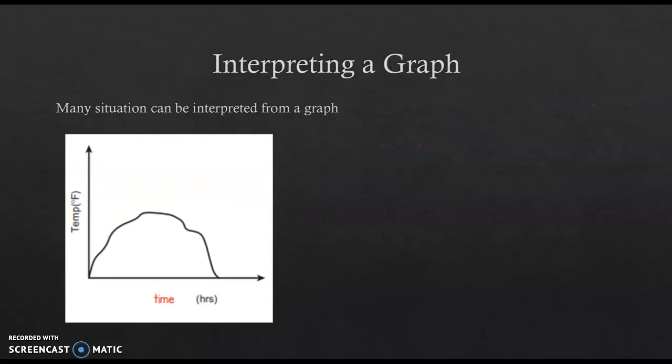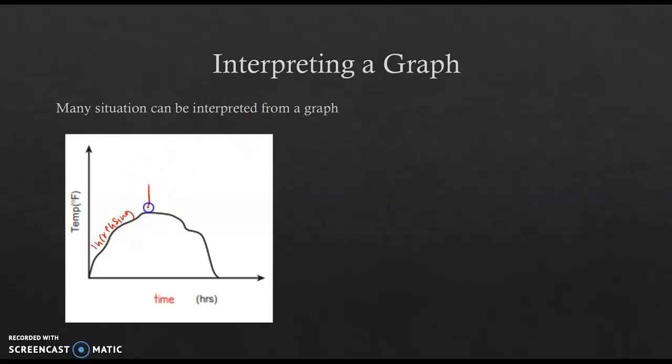All right, so interpreting a graph. Many situations can be interpreted from a graph. So here again, we have time in hours and our temperature. And depending on the time, over here, our temperature is increasing. Sometimes it's increasing faster than others, but it is always increasing.